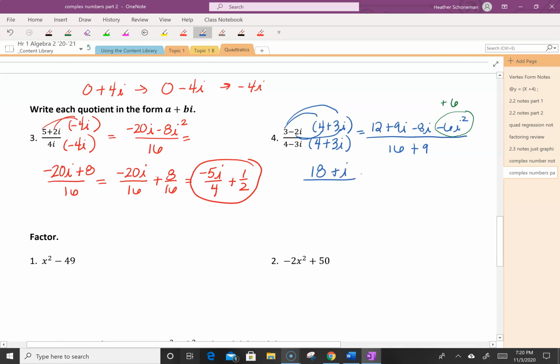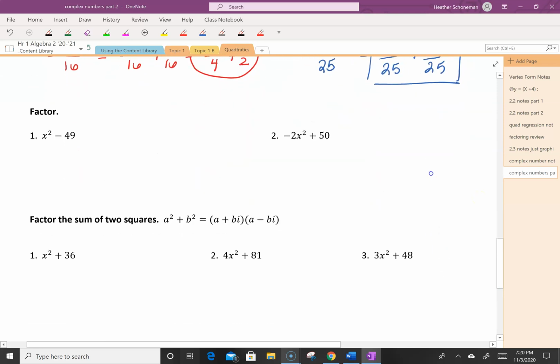And on the bottom, 16 plus 9 would be 25. Now I'm going to rewrite this into my two fractions. So I have 18 over 25 plus i over 25. Neither one reduces. That's my final answer.